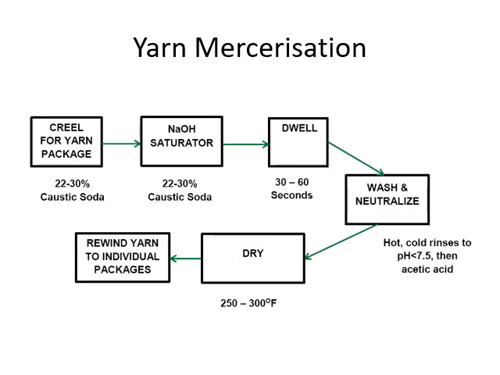The yarn is taken off creels to form yarn ropes which go through the mercerizing process. These ropes must then be dried and the mercerized yarns must be individually rewound onto packages prior to fabric manufacturing, typically in the case of knitting.